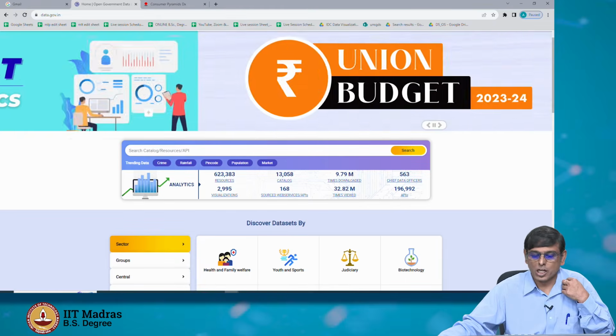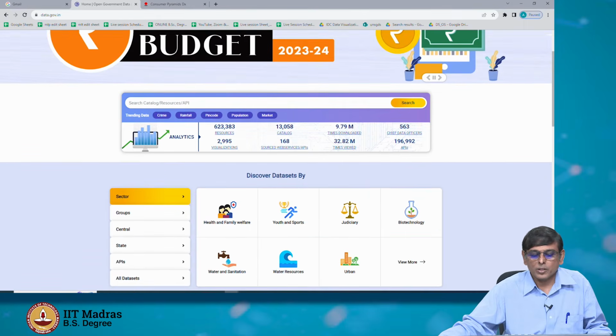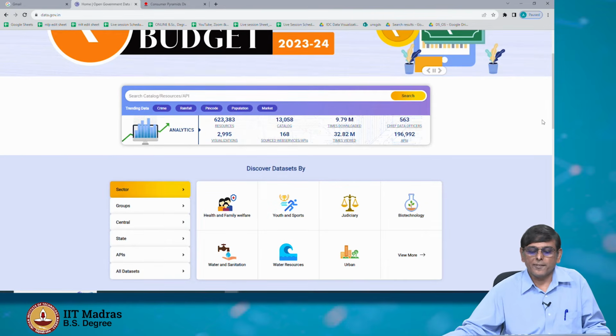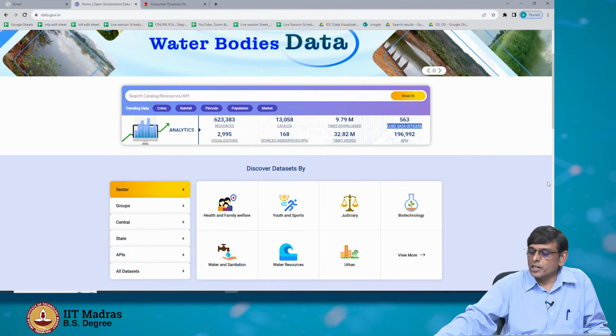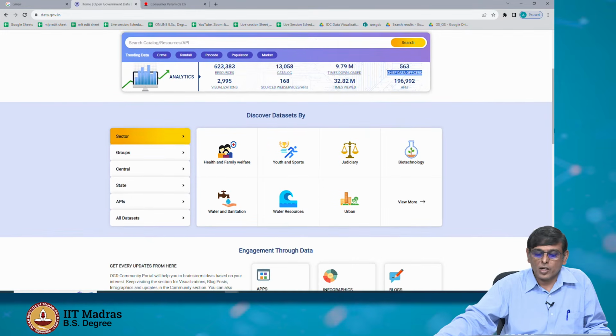You can generate your own charts. They are saying that they now have 623,000 resources. How many times has it been downloaded? They have got 9.79 million downloads.